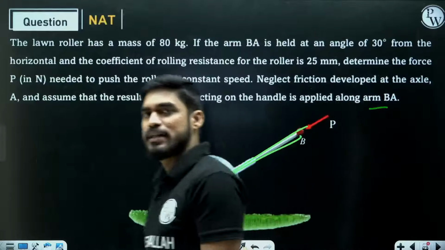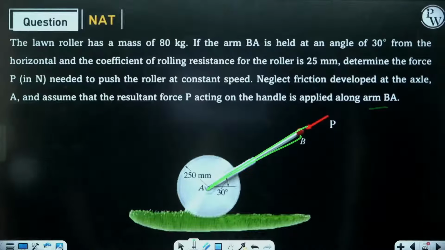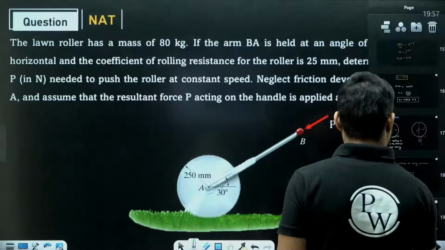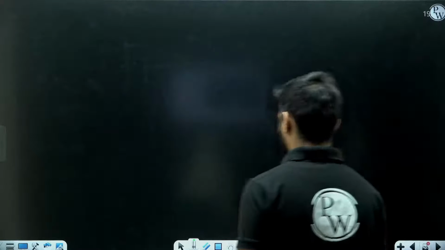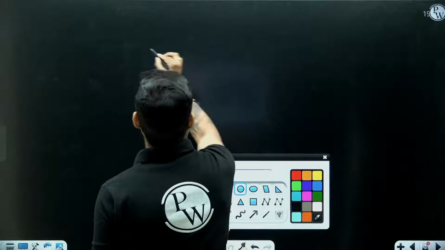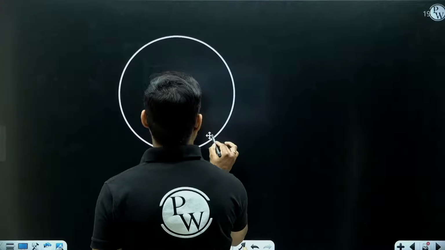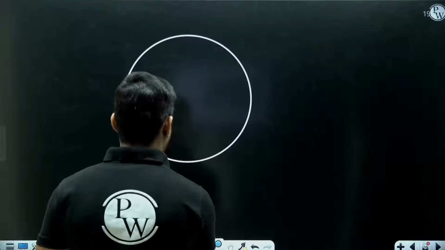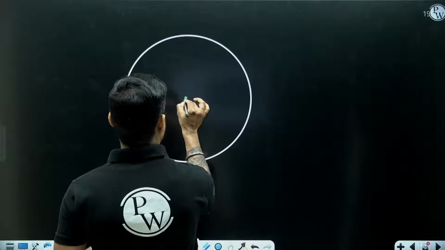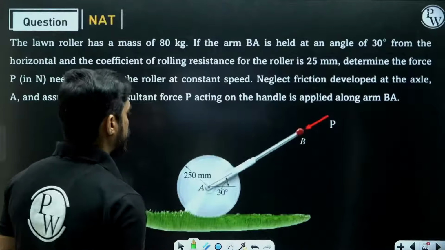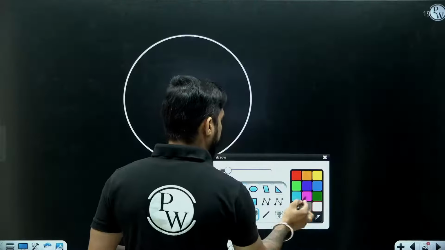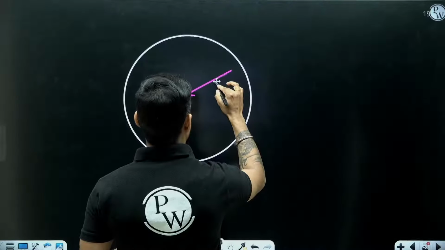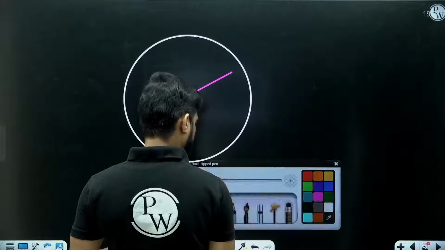Chalo, let's solve this problem. We are going to draw the free body diagram of the roller. So this is the roller. The center of the roller is A. We are applying a force P at an angle of 30 degrees, like this.